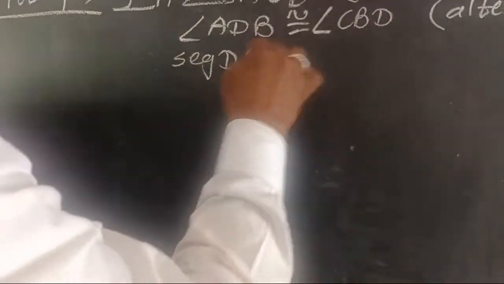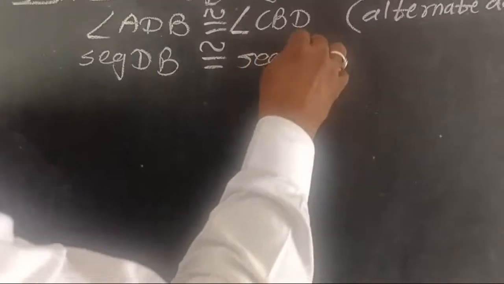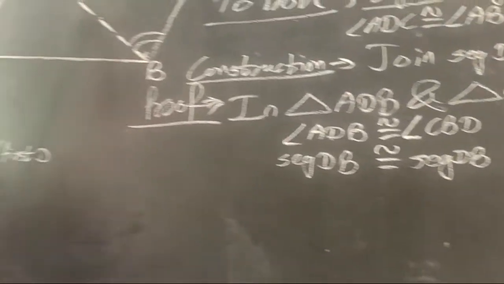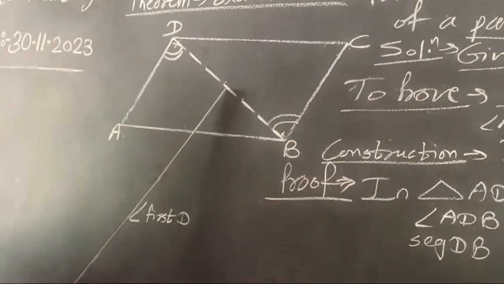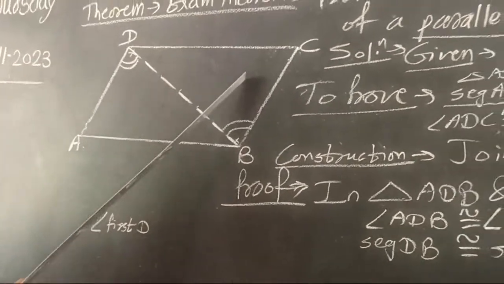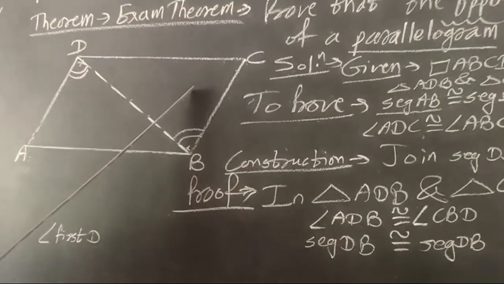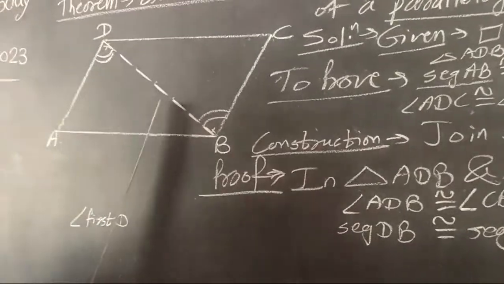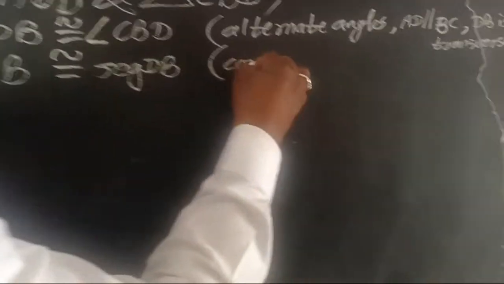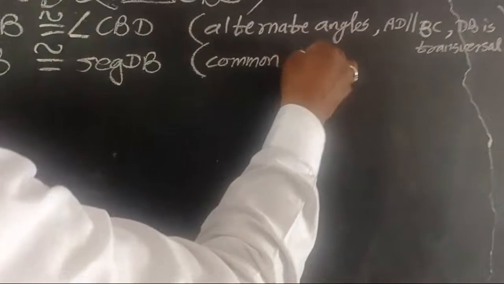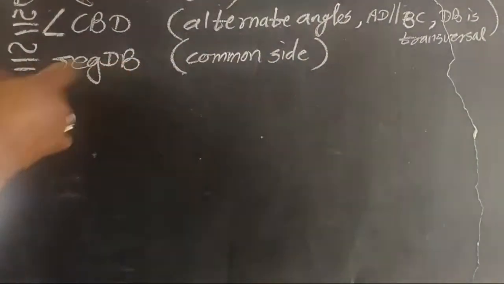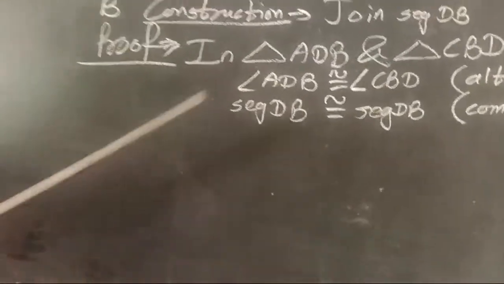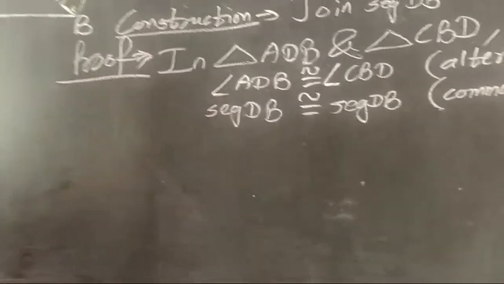DB is present in the first triangle and DB is also present in the second triangle. The reason is: this is a common side, and a common side is congruent to itself. Good. Two conditions are completed.